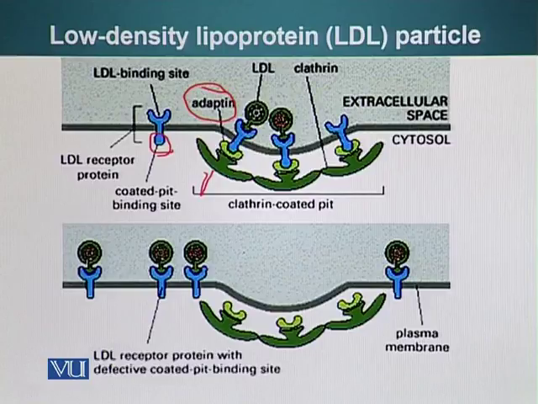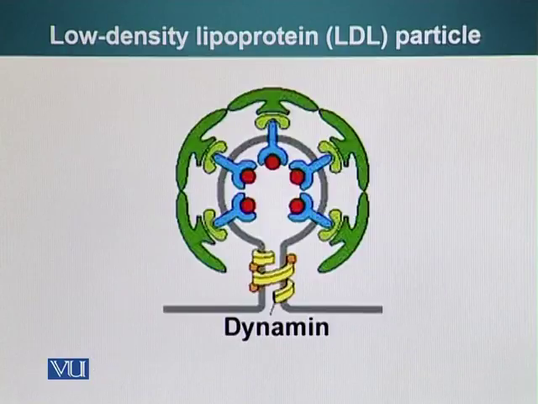When this interaction takes place, the clathrin coated pit is formed, resulting in accumulation of receptors bound to LDL particles. Ultimately, this clathrin coated pit will form a spherical structure, which will result in formation of a vesicle.